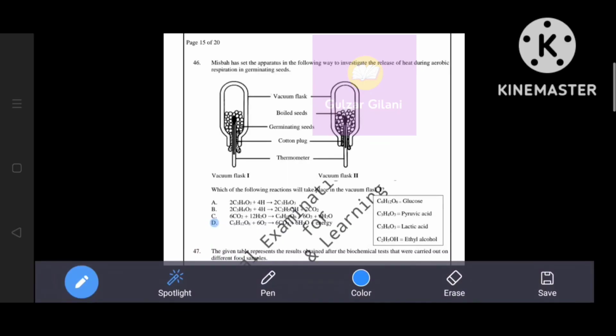Next question. Misbah has set the apparatus in the following way to investigate the release of heat during aerobic respiration in germinating seeds.